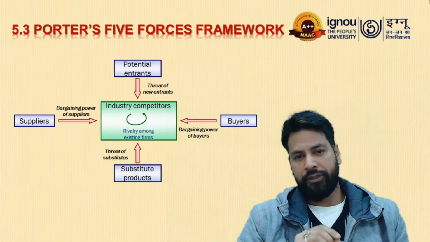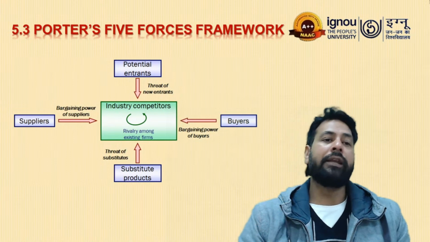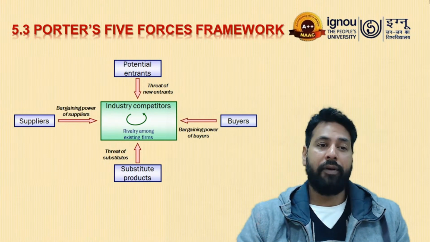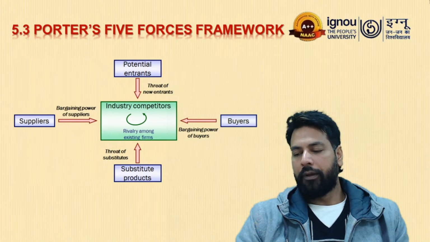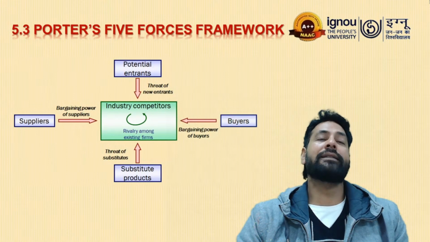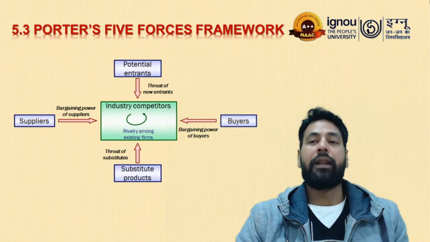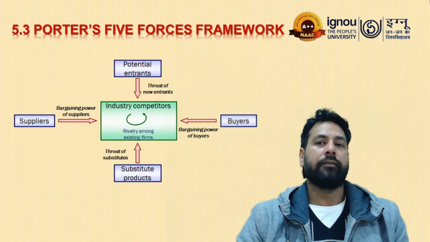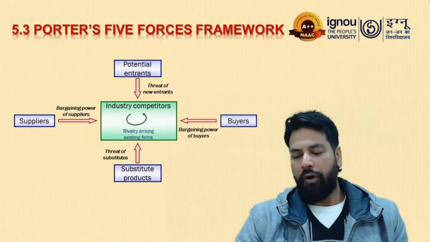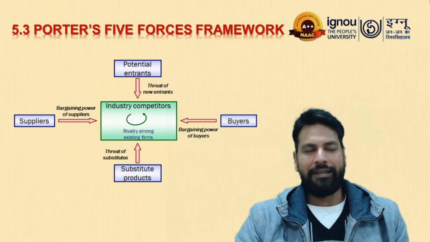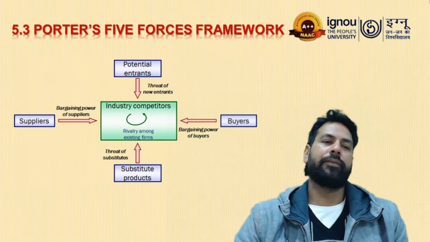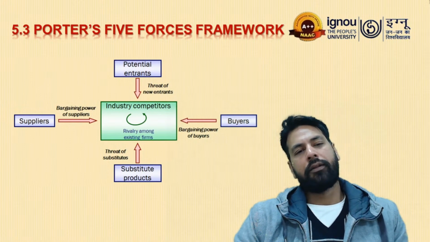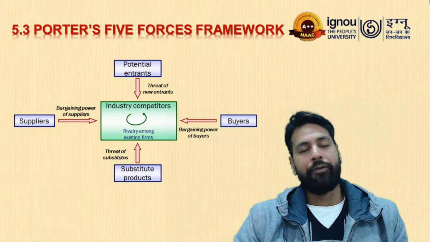So three forces we just studied. Two other forces: bargaining power of suppliers and bargaining power of buyers. Now, for bargaining power of suppliers, I would like to give an example of suppliers in the sense of the people who are supplying raw material to you. Materials which are a bit scarce in nature, your business partner, the supplier, would try to bargain with you and ask you for more money because the product is not available in a rampant way, not in every way.